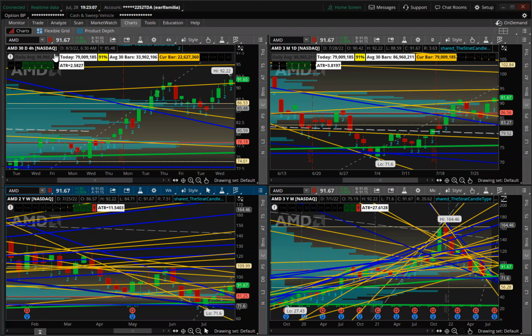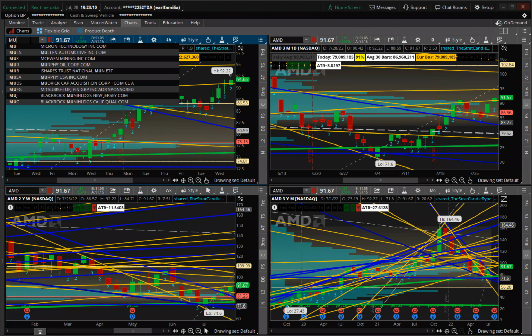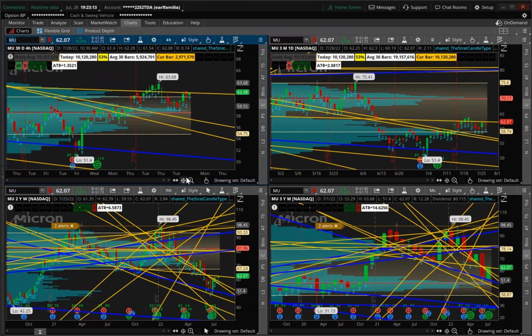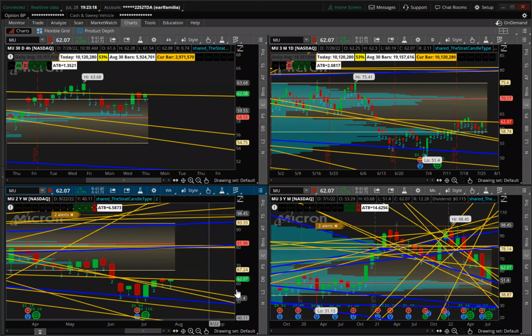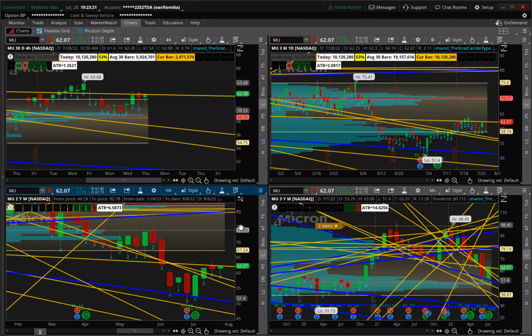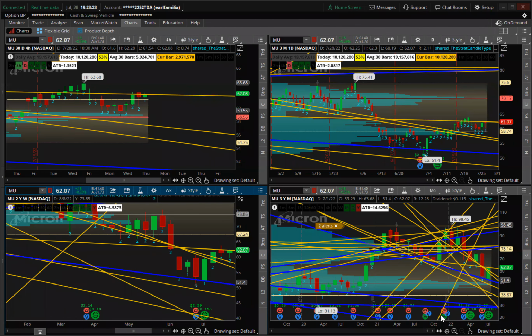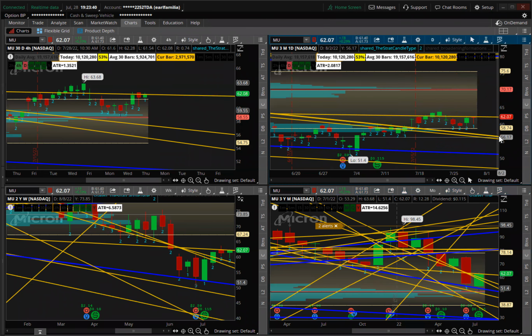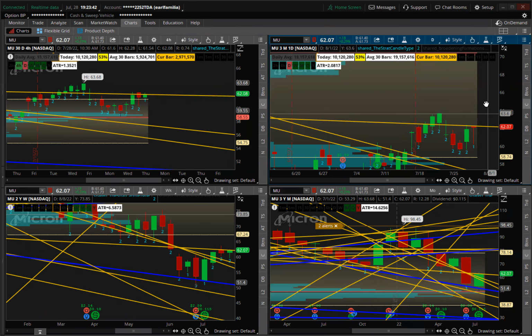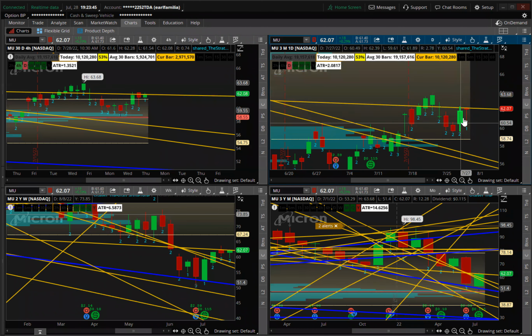This is continuation. MU will probably have a similar story to it as AMD would, but looks like MU actually has an entry on a couple of time frames. So I see that 2 down week hammer. That's an opportunity right there as well. And then you got the month 322 potential on the month back to the upside. So that's nice to see as well. Now looking over here at MU on the day, looks like we are kind of going back and forth with this broad information here.